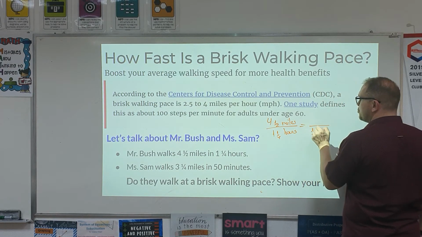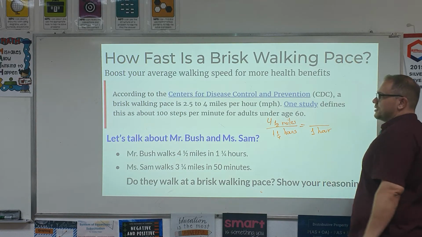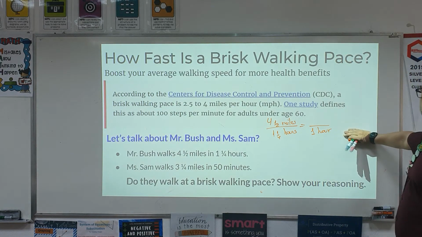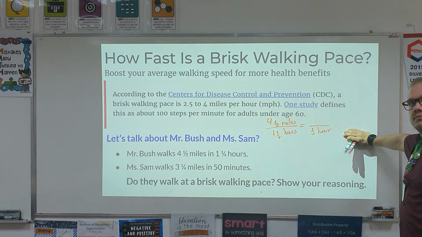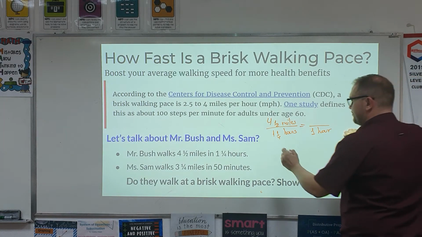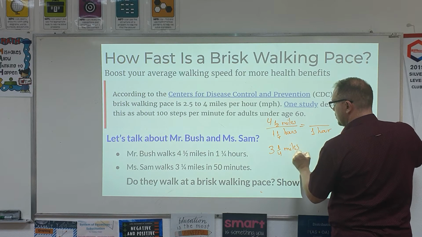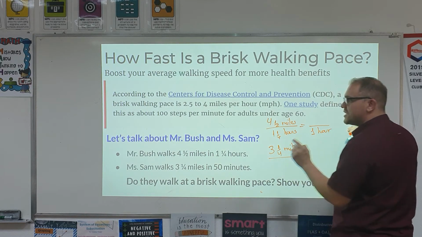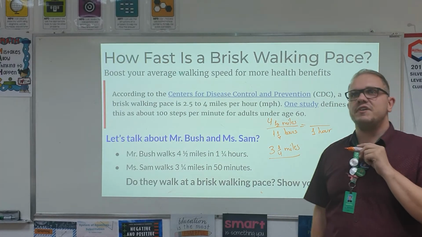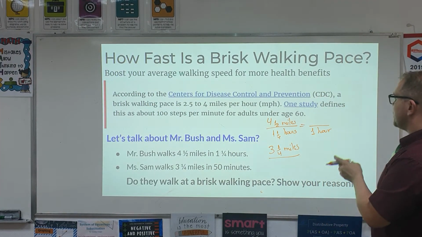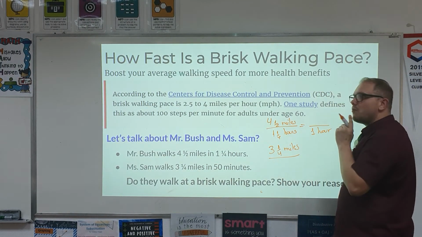How am I going to write this as a unit rate? Because I want miles per hour. Then 3.25 miles for every 50 minutes. But I need to write something about hours.